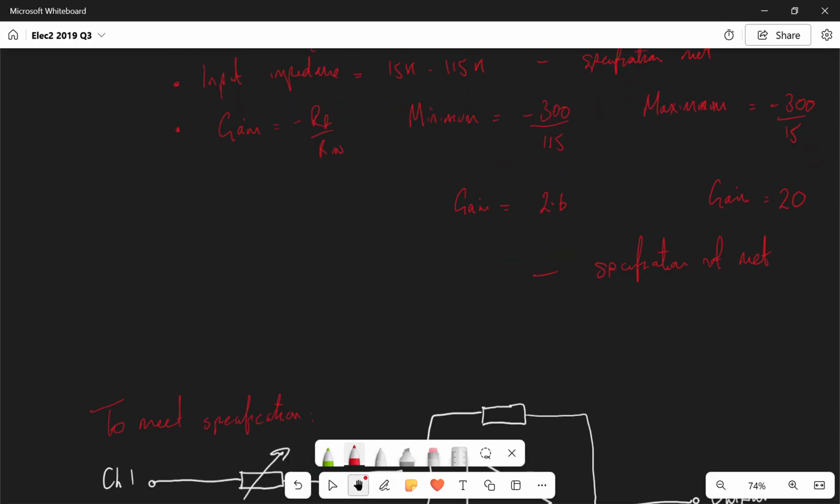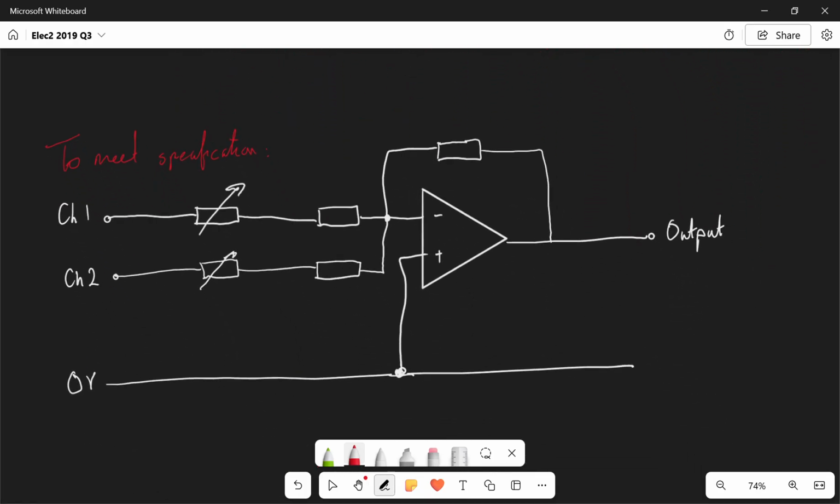So what we now need to do is give amendments. And to meet the specification, what amendments are we going to give? Well, what we can start with is at a maximum, we need a gain of 20. And to get a gain of 20, we need a ratio between RF and the fixed resistor.